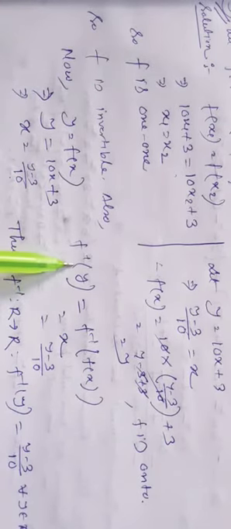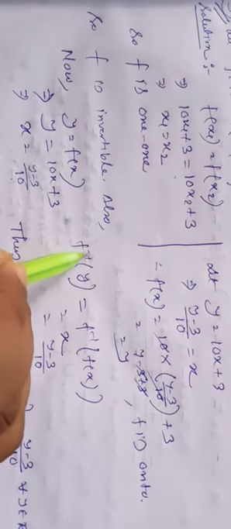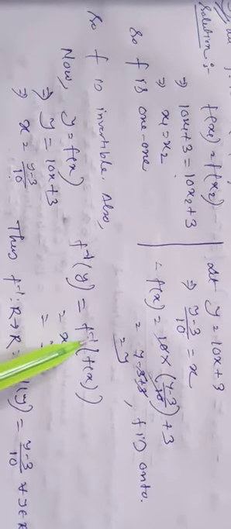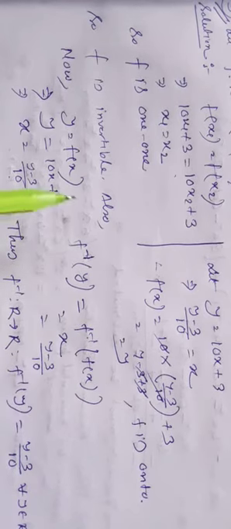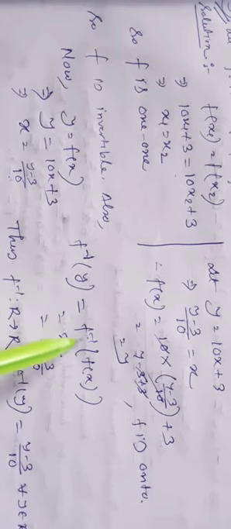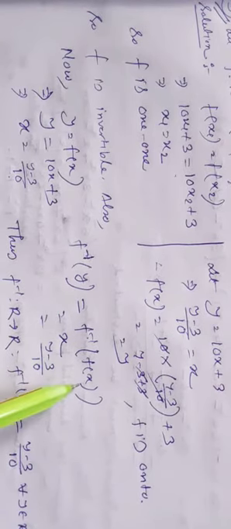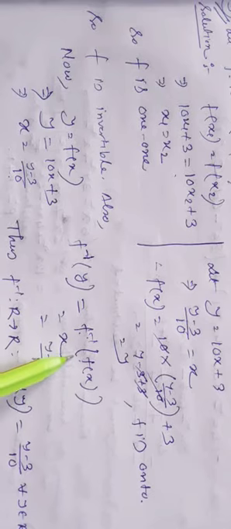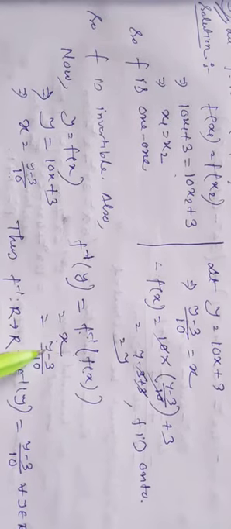Now f inverse of y is equal to f inverse of f(x). Now f inverse and f cancel, so x comes here. The value of x from here is (y - 3)/10.